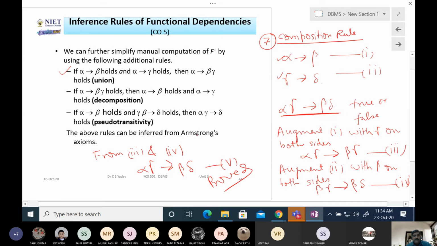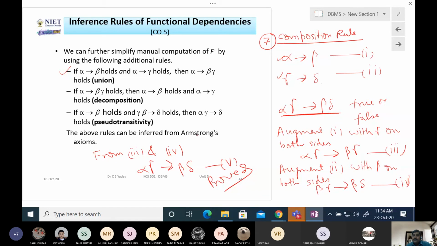I would like to request you all, please memorize these rules, and these rules will help you in solving the problems related to normalization, and finding out whether two given FD sets are equivalent or not.